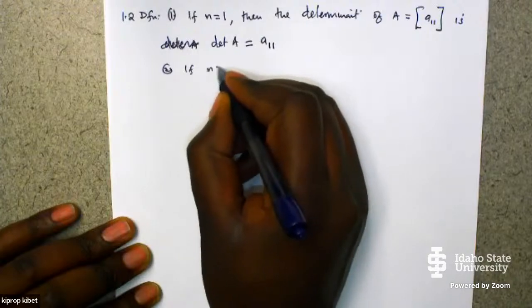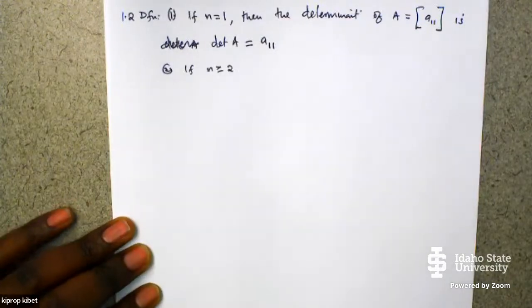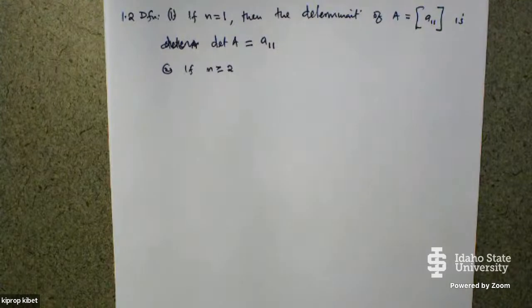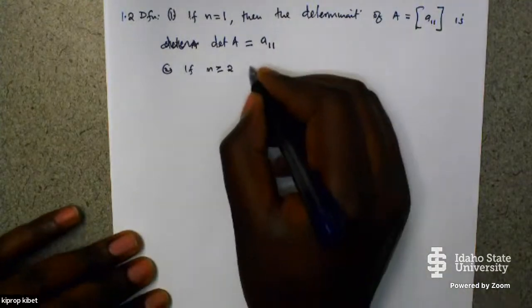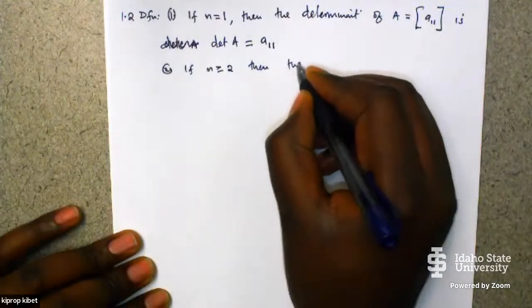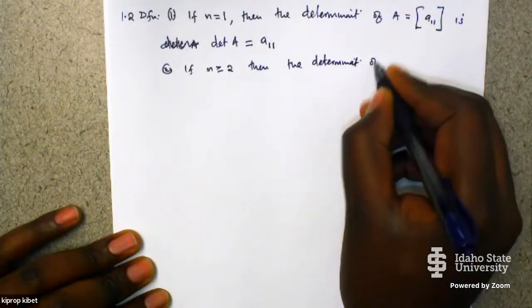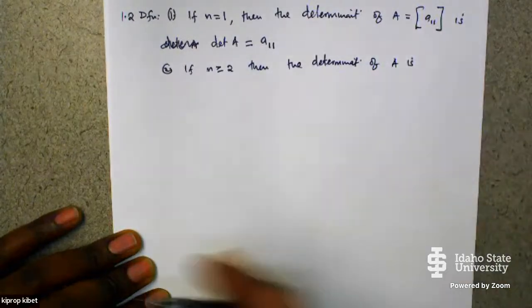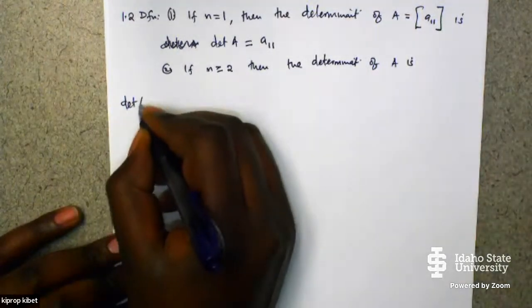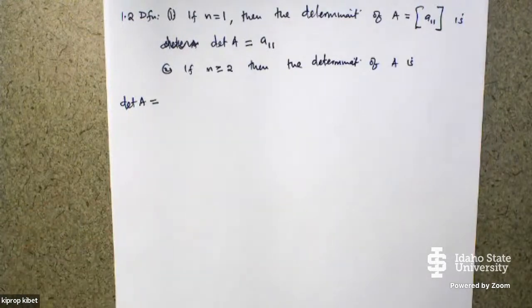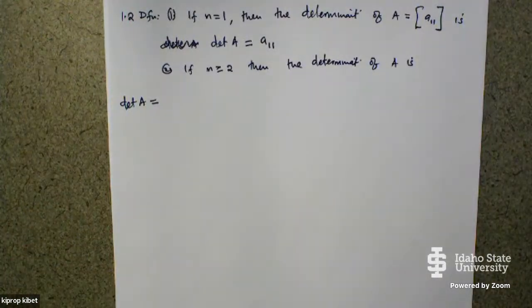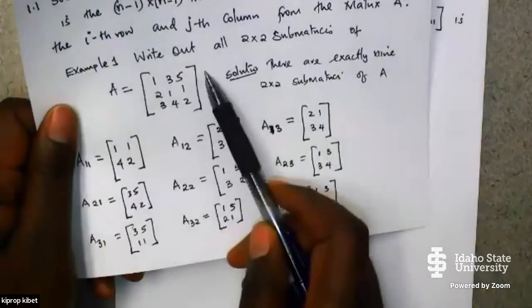Number 2: if n is greater than or equal to 2, then the determinant of A equals... we can use the first row. Like in this case, we use this first row to get a determinant.